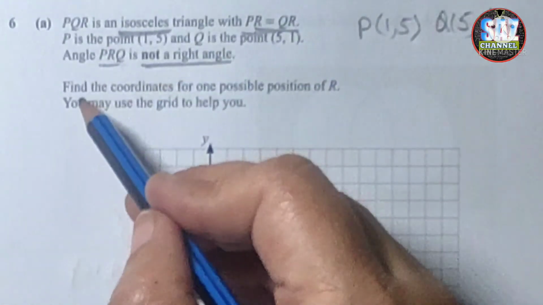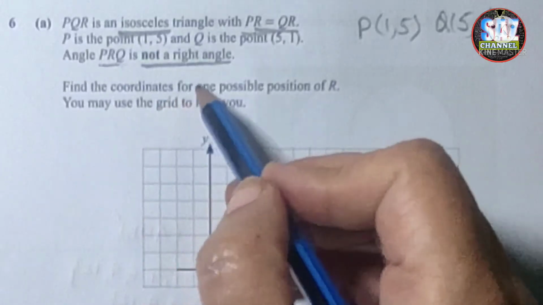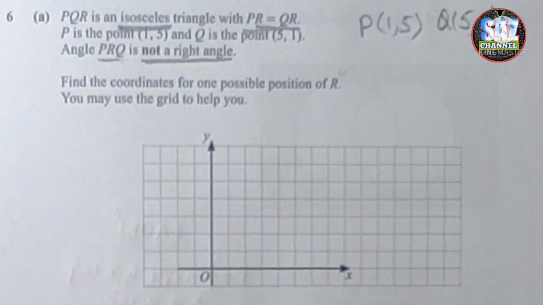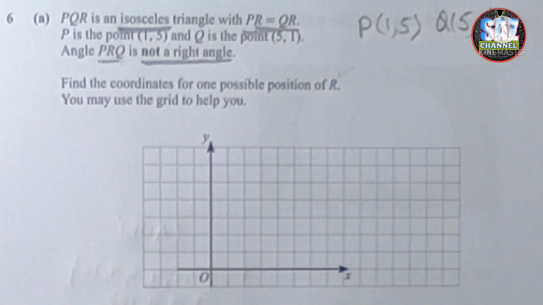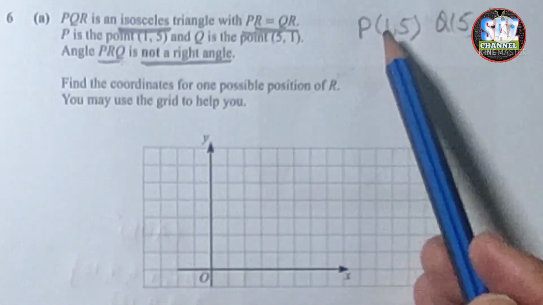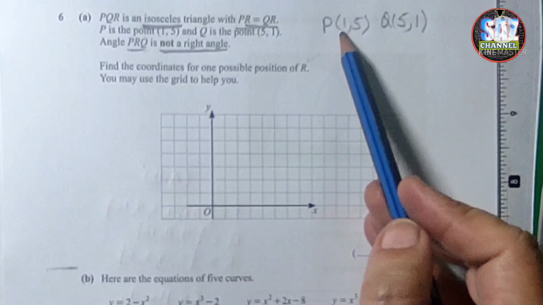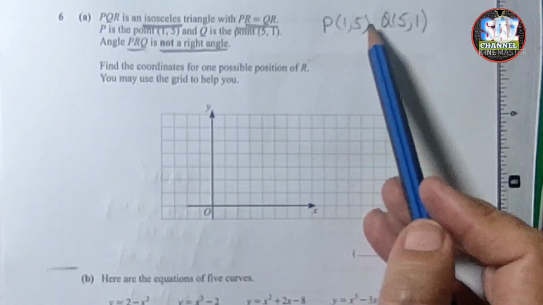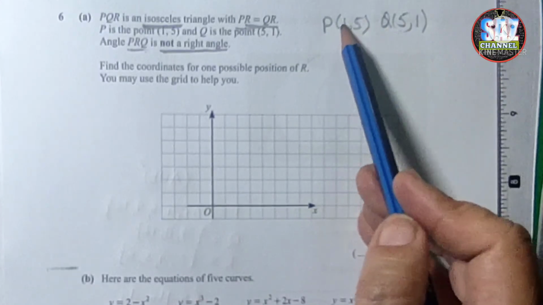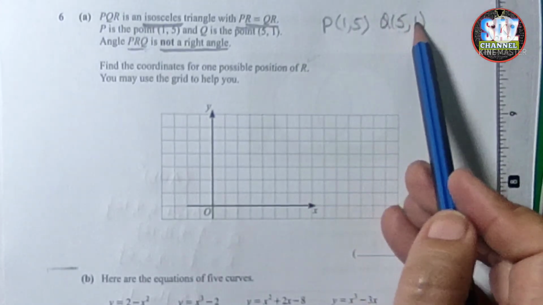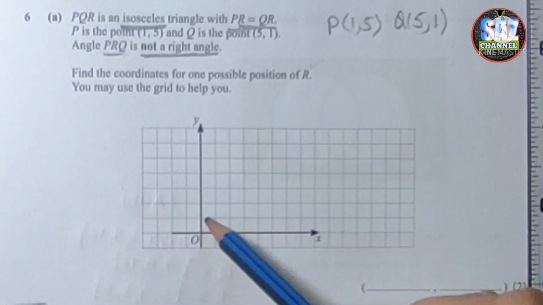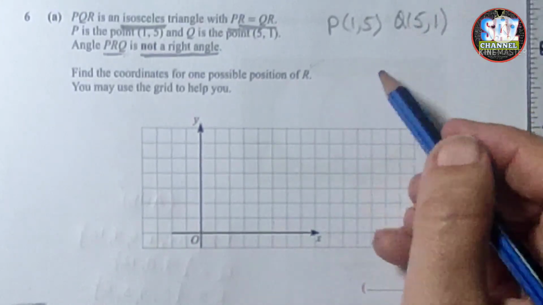Then we have to find the coordinates of one possible position of R. The question says that we have to complete an isosceles triangle in which two of the vertices are given. If the senior students observe these two points carefully, they can see that (1,5) and (5,1) are somehow reflections, and we have to complete the isosceles triangle.